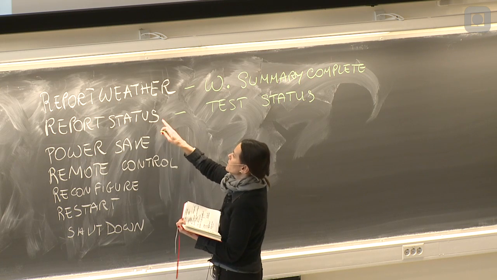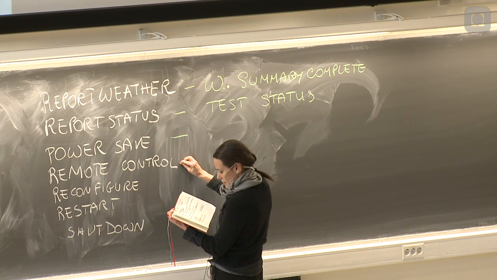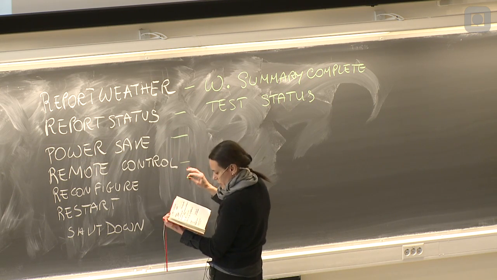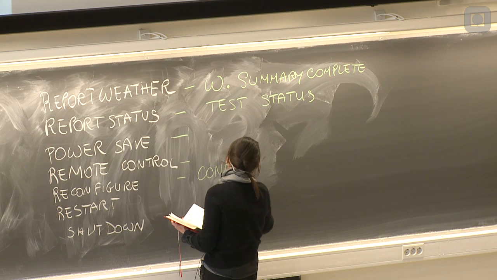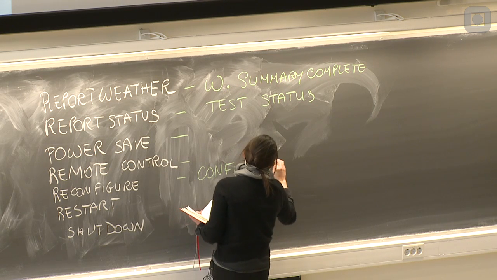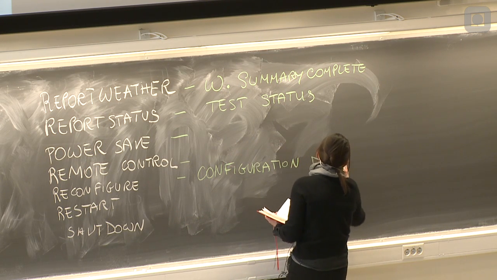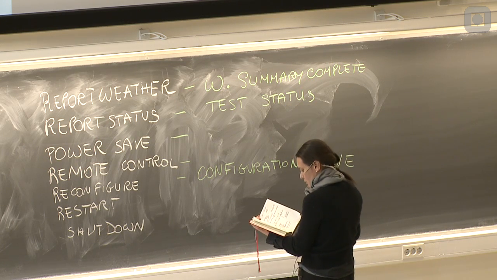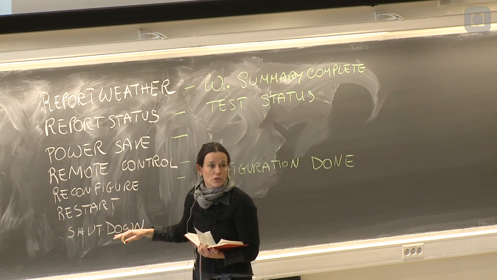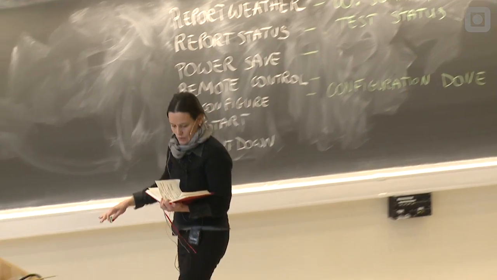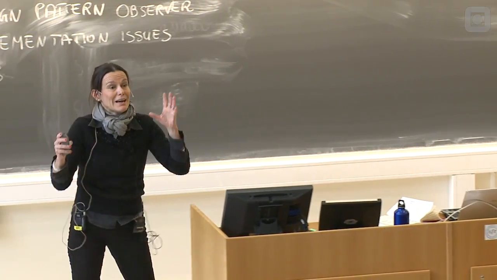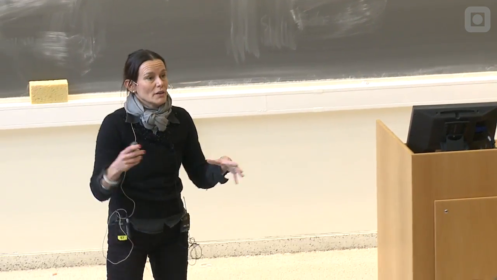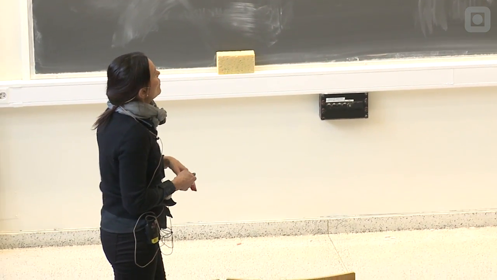The method power save will not return anything. The method remote control will not return anything important. The method reconfigure will return something called configuration done. The method restart and shutdown will not return anything. So please write down these things, and we will go ahead and try to understand how things go together when we come to further low-level design.